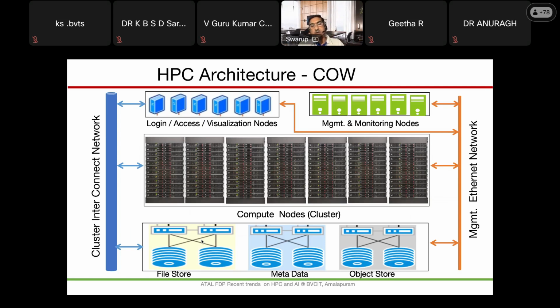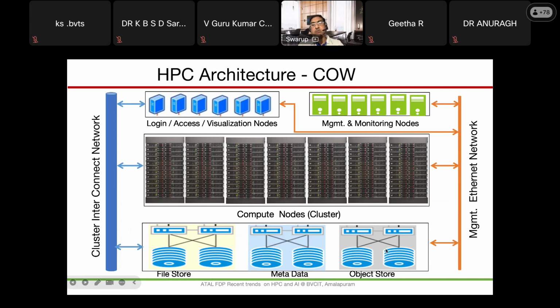That is a parallel file system, because it offers high throughput: I am able to read in parallel from the multiple storage nodes, and I am able to write in parallel to the multiple storage nodes. Okay. But what is written where is maintained in the metadata. And the metadata is always required to be in an HA kind of setup, because you cannot lose the entire data: if the metadata is gone, you cannot recover it. So HA is required for the metadata.